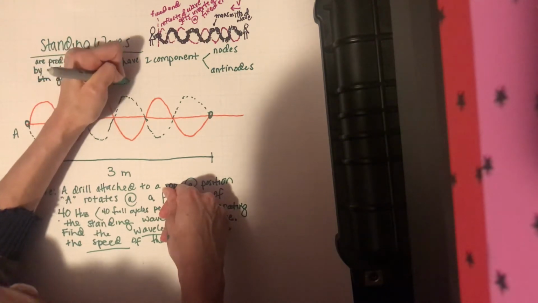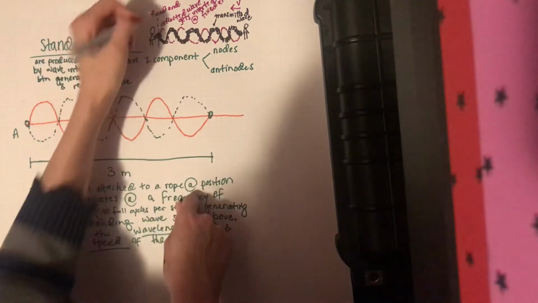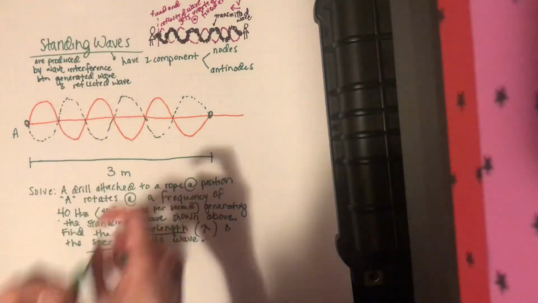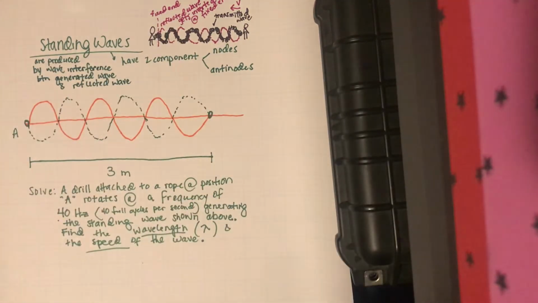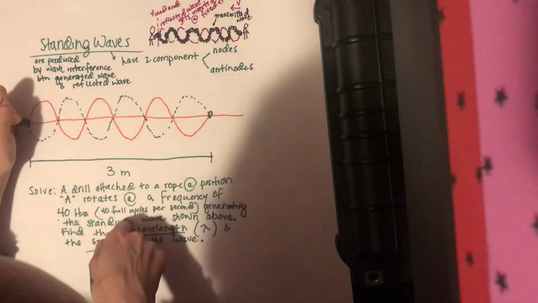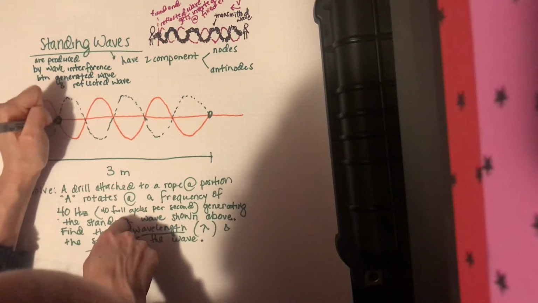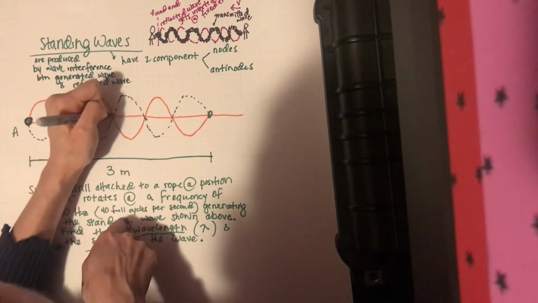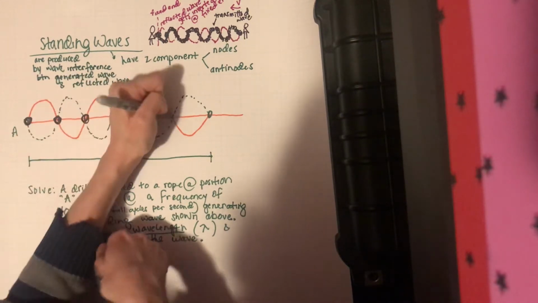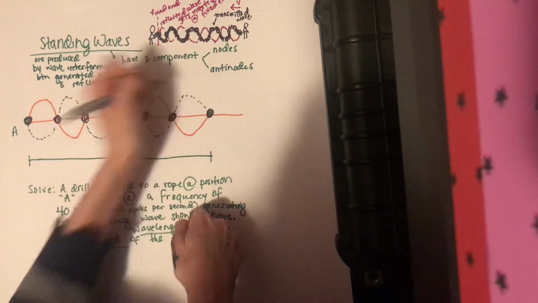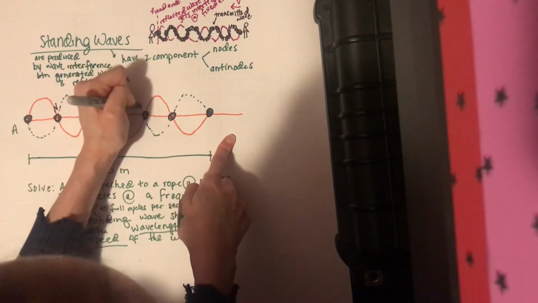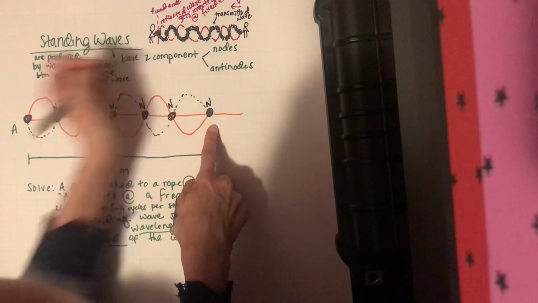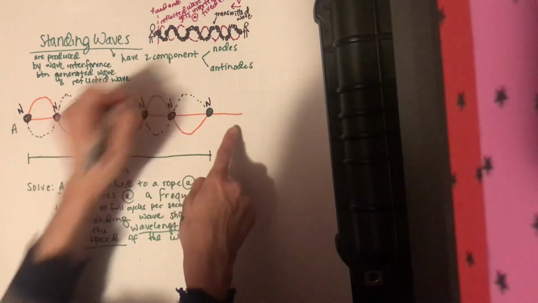So there are points on that standing wave that I'm going to, actually I'll just go right onto this diagram. There are points on that standing wave that will actually appear to be not moving at all. And these points that appear to be not moving at all are referred to as nodes. So all those dots I just drew, including this, are nodes.